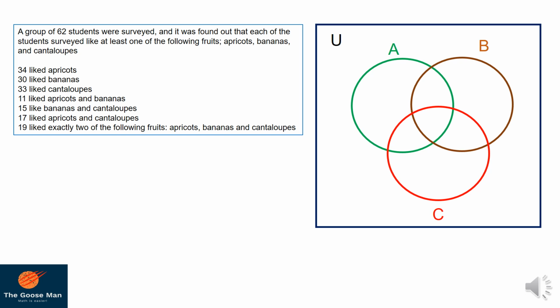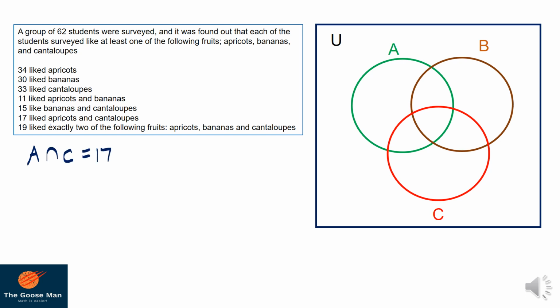Alright, in order to solve this problem, we'll start from the bottom going up. So what do we mean by this? But first, we will let A represent the apricots, B the bananas, and C the cantaloupes. It was mentioned here that 19 like exactly two of the following fruits. Start here, 17 like apricots and cantaloupes, so we can rewrite that as apricot intersection cantaloupe is equal to 17.